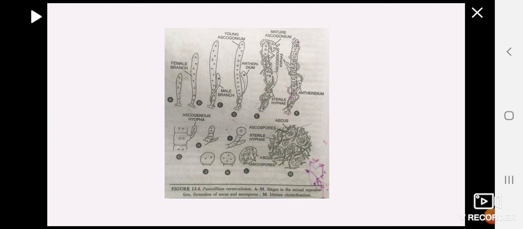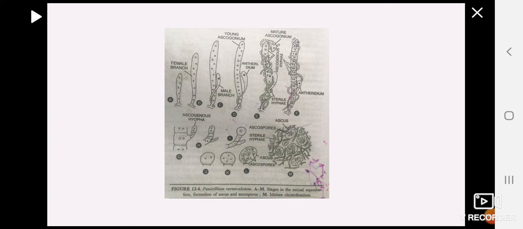Now, the next step is plasmogamy. The two sex organs, ascogonium and antheridium, are in close contact with each other. During the sexual fusion, the common wall between the ascogonium and antheridium dissolves, and the protoplast, except the male nucleus, migrates into the ascogonium.